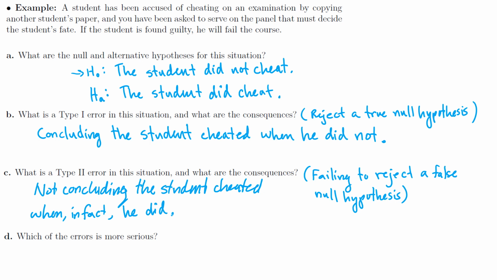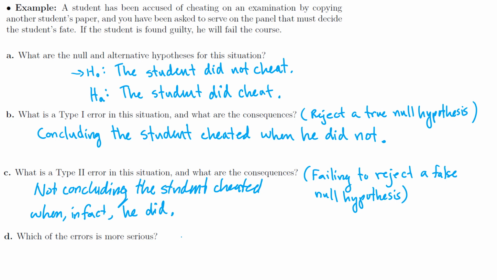And again, when we're trying to decide what degree of evidence is enough to reject the null hypothesis, it's going to depend on our at least implicit calculation of how serious each of those errors is. So in part D, which of the errors is more serious? Of course, you all as students would say a type 1 error would be more serious here, saying that the student cheated when he didn't.